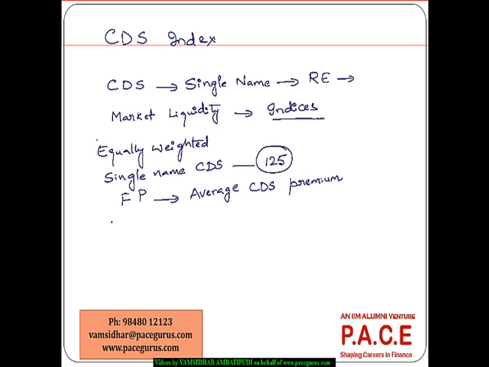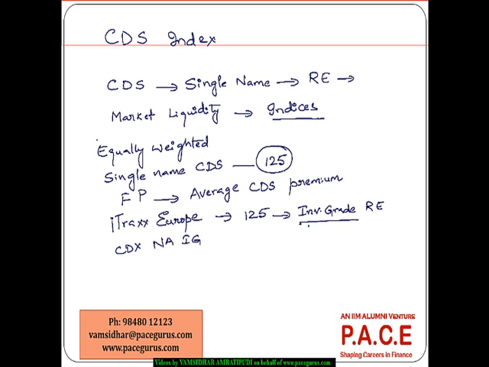Looking at the common ones, we have iTraxx Europe as one very popular CDS index, and we also have CDX NA IG. The first is more associated with Europe, 125 companies or 125 single name CDSs, which means 125 investment grade reference entities, all with equal weightage.